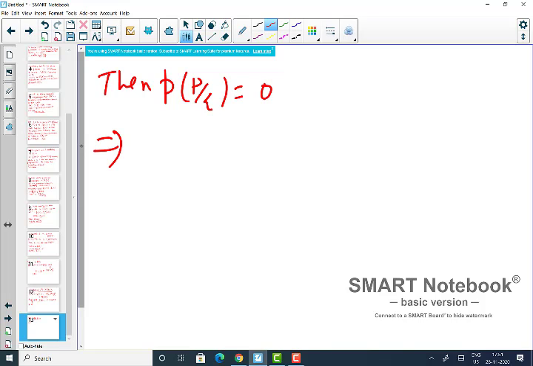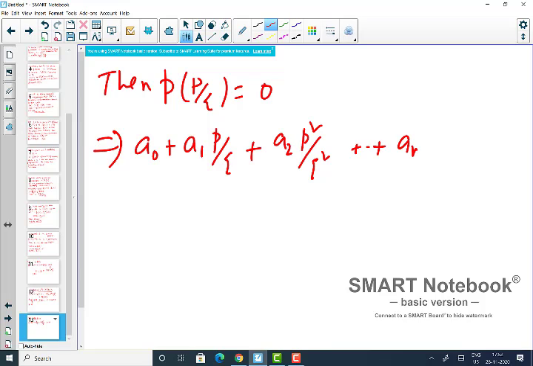So what does that mean? That means you can plug this in and have a0, a1 p by q, and similarly a2 p square by q square, and so on, and then a_{n-1} p^(n-1) over q^(n-1), and the last one is p^n over q^n, that is equal to 0, right?